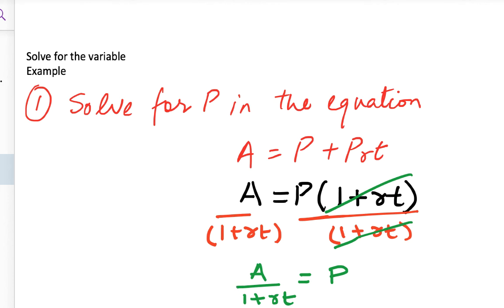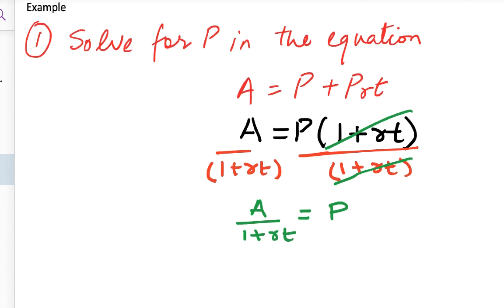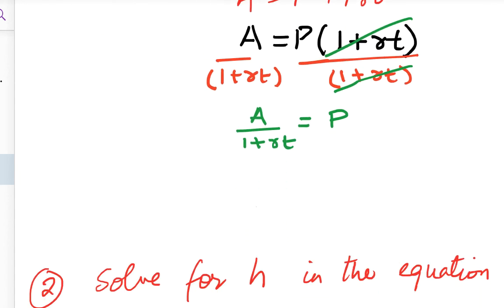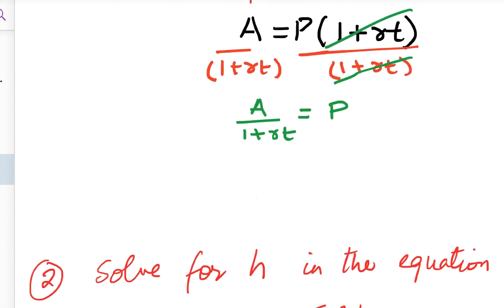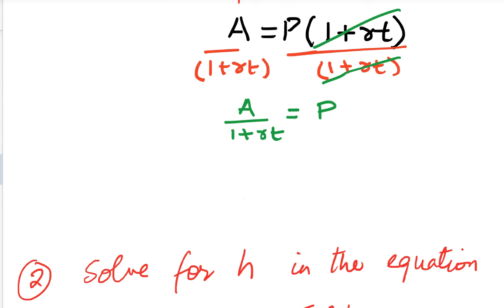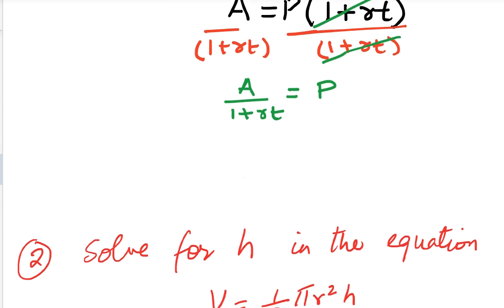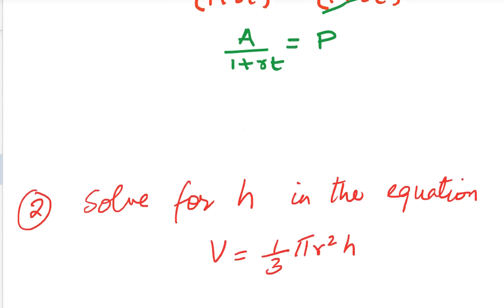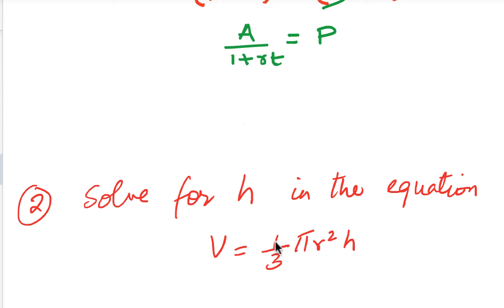Now let's look at another kind of example. Here we are going to solve for h in this equation given by V = (1/3)πr²h. If you remember from geometry, this is the volume of a right circular cone.